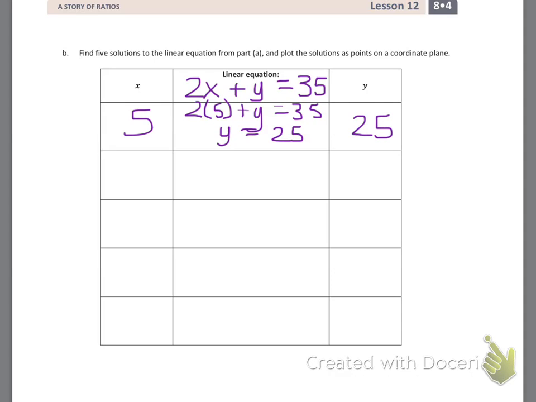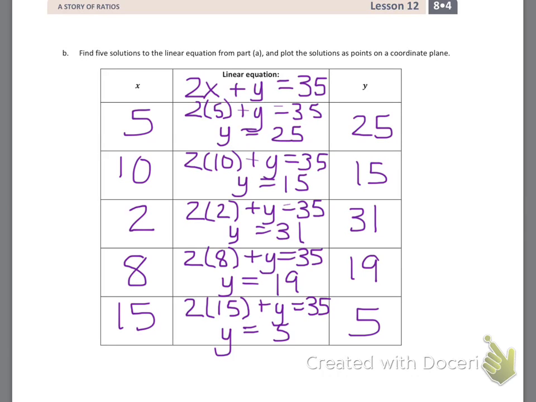Okay, so that's kind of out of balance. So maybe I'll get more candy. So let's let x equal 10. So 2 times 10 plus y is 35. 2 times 10 is 20. Subtract 20 from both sides. I get y is 15. Okay, I'll do a couple more.